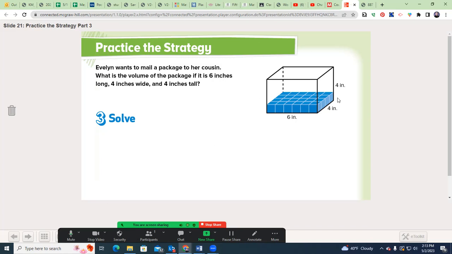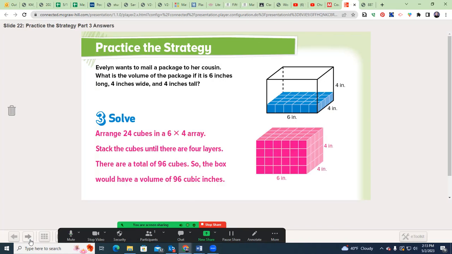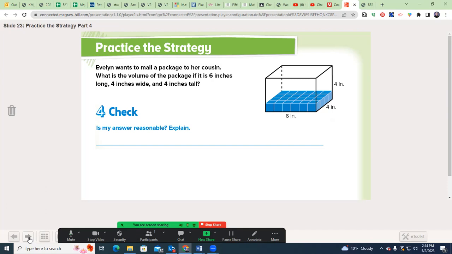I would go 6 times 4, which we already know is 24, and then multiply it by 4, which, as you may already know, is 96. There are 96 cubes, 96 cubic inches. Go ahead and pause the video so you can write that in and then unpause it when you're ready. Welcome back. Is your answer reasonable? Yes, because 4 times 24 is 96.